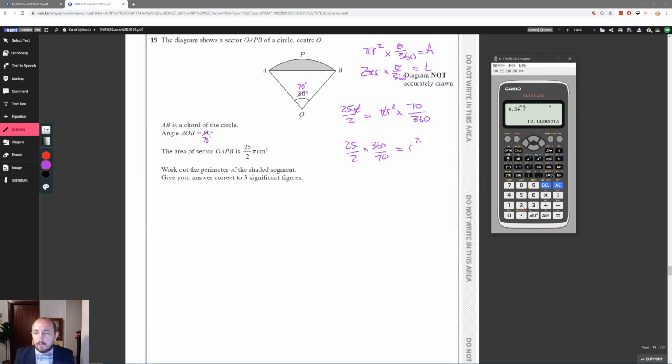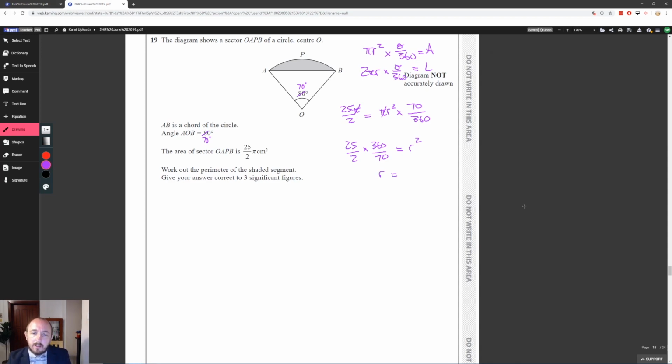That's not going to be a nice number. 25 over 2 times 360 over 70 is 450 over 7. So the square root of this, r equals 15 root 14 over 7. So that's our radius, and we can add that to our information here.